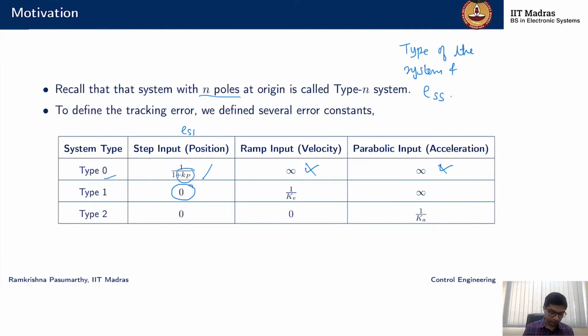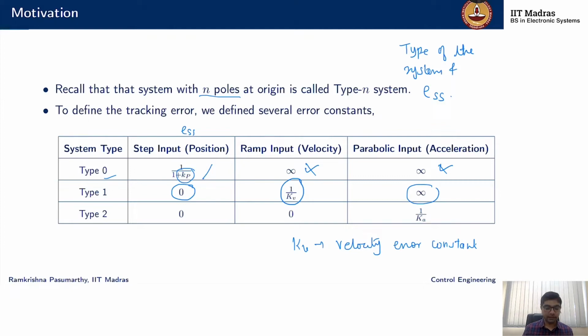And a type 1 system tracks a ramp with some constant error, and this error is 1 over kv, where kv we defined as the velocity error constant. Similarly, a type 1 system is unable to track a parabolic input.